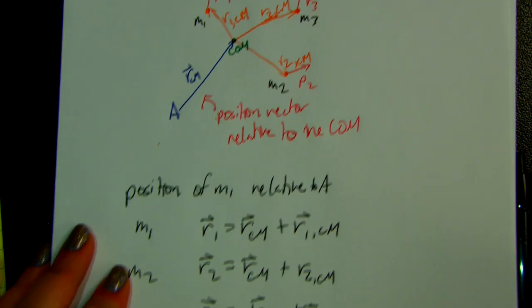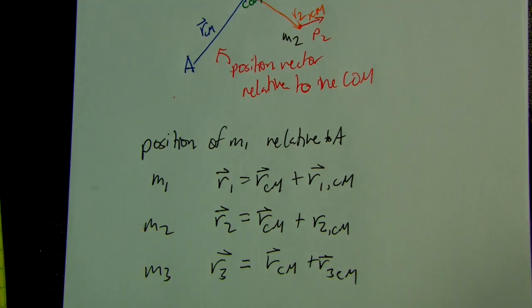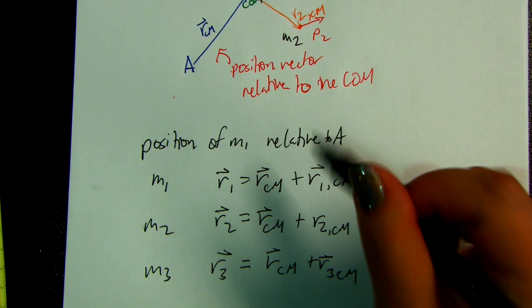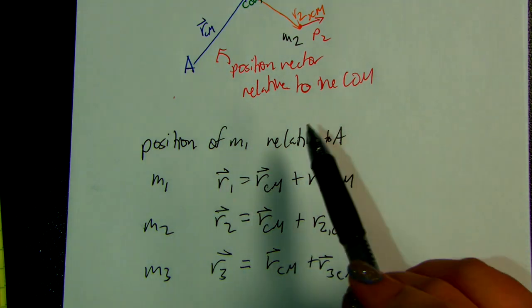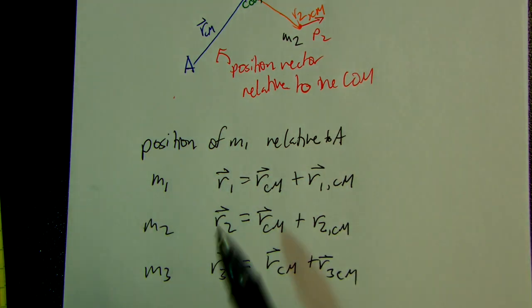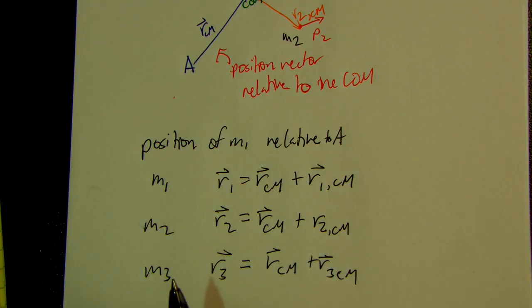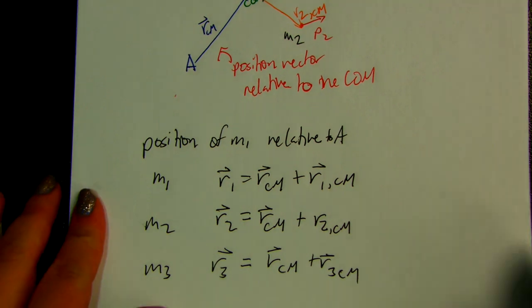Okay, so now we've got an expression for the vectors for each one of the mass components relative to this position A that we're using to find our angular momentum with respect to it. So we know how to calculate angular momentum. We know vector operations.